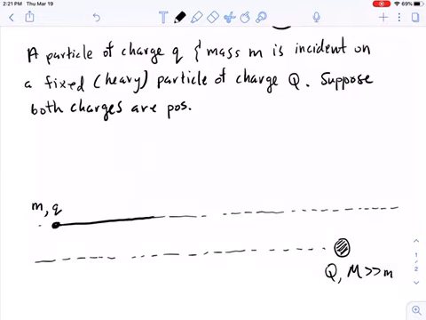There'll be a Coulomb repulsion, but when the distance is far, that is pretty weak. And so our charge little q, if it started in this horizontal path, will just remain approximately in this horizontal path until it gets close enough that this Coulomb repulsion gets substantial, and then its path is going to be deflected. It will be deflected in such a way that maybe it does something like this. And then once again, when it gets far enough away from big Q, it will be moving in a straight line.